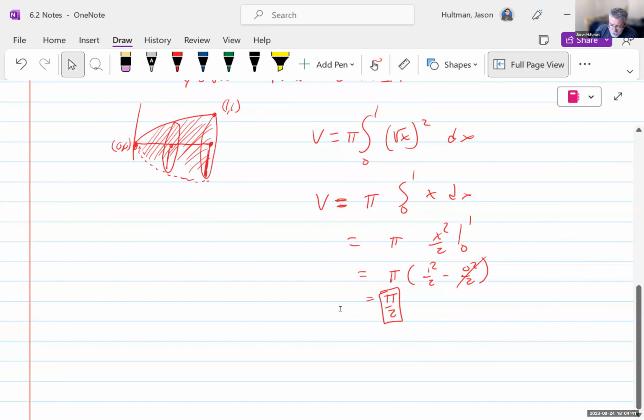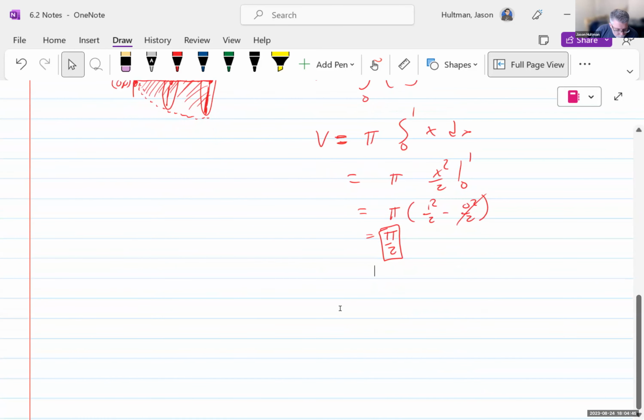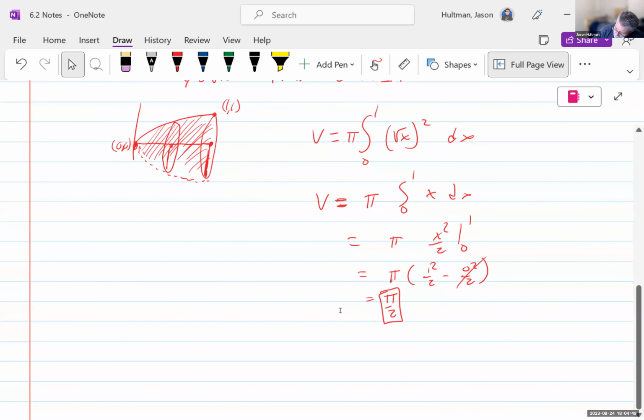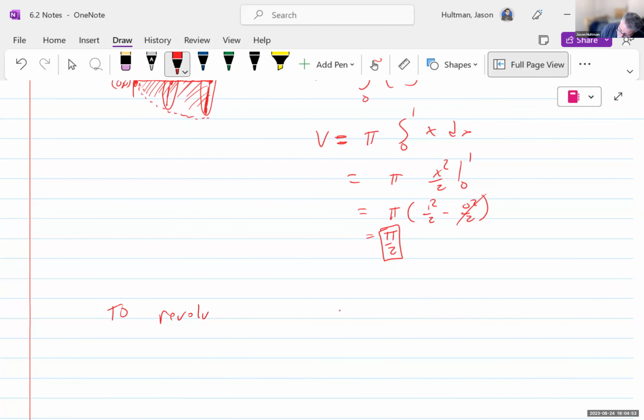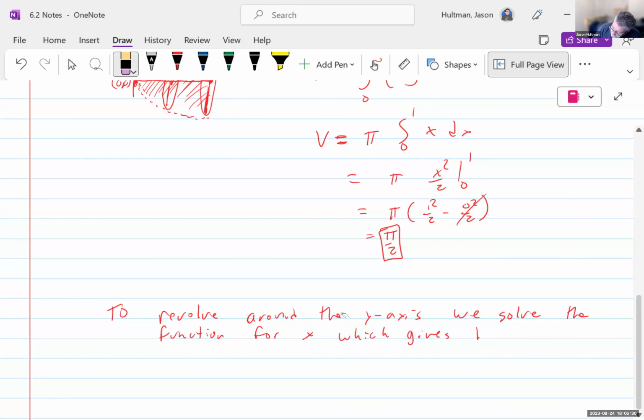What happens if we revolve around the y-axis? Well, to revolve around the y-axis, we solve the function for x, which gives us x of y, or sorry, f of y, which is our new radius.